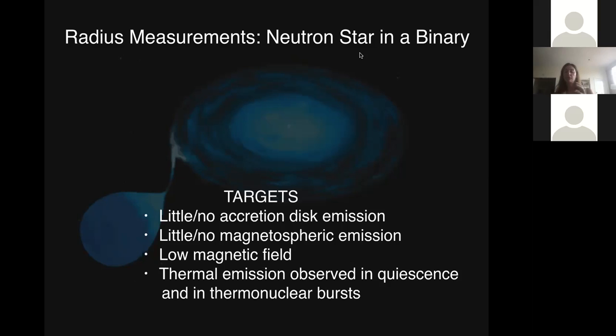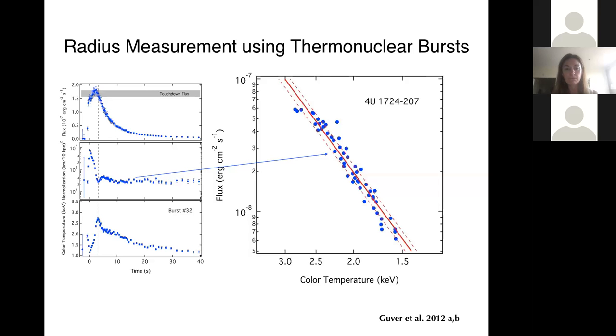The triple alpha basically engulfs the entire surface. And for the duration of the burst, which tends to be of the order of 10 to 50 seconds, the emission that you see comes entirely from the surface and nothing else really.